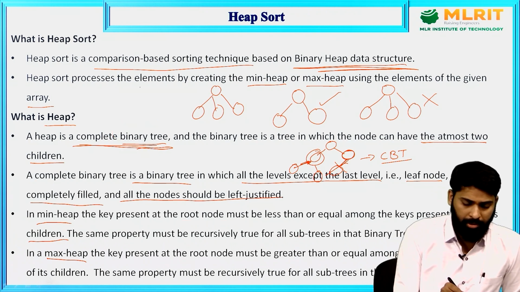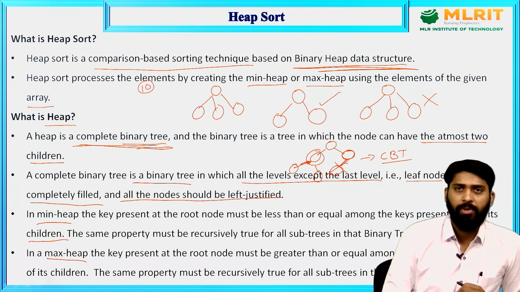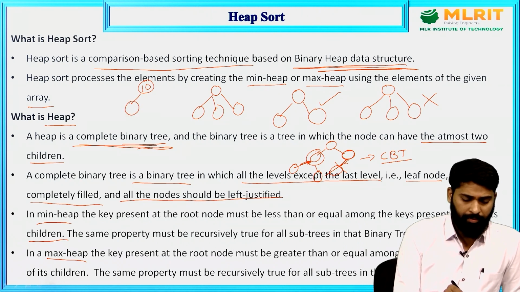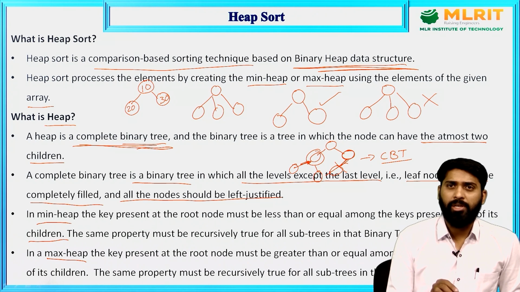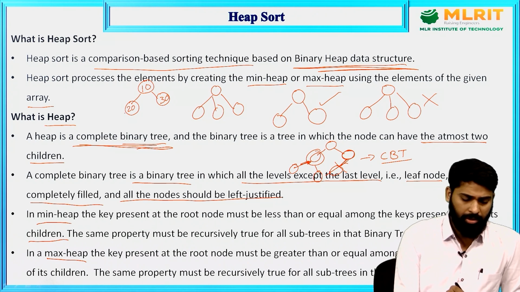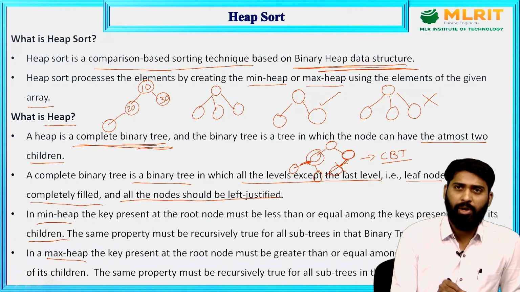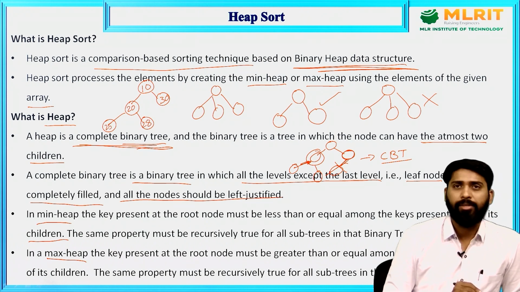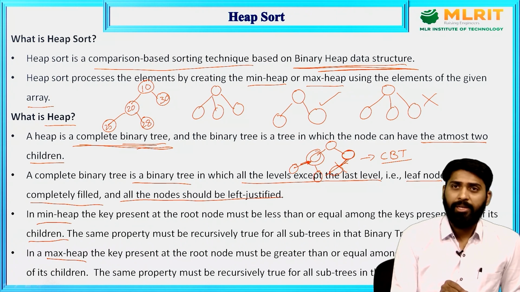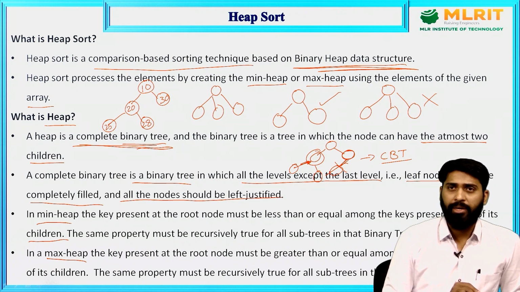For example, 10 is the root. Now if I store 20, 30 as its children, it is a min heap. Why? The root 10 is less than the children 20 and 30. Now the same property we follow recursively for all its subtrees. Here also 25, 28: 20 is smaller than 25, 28.